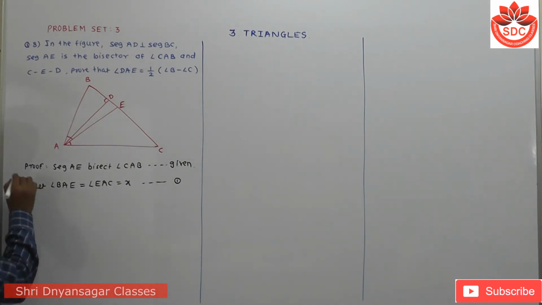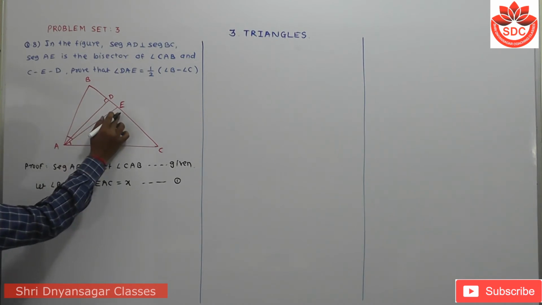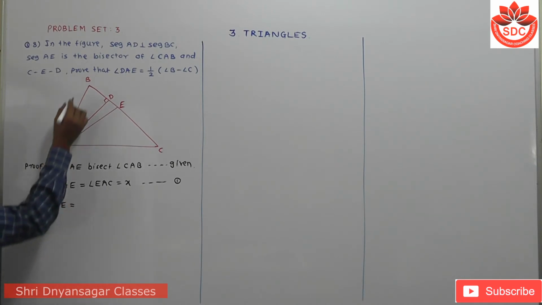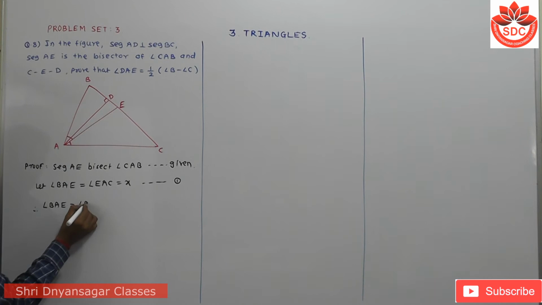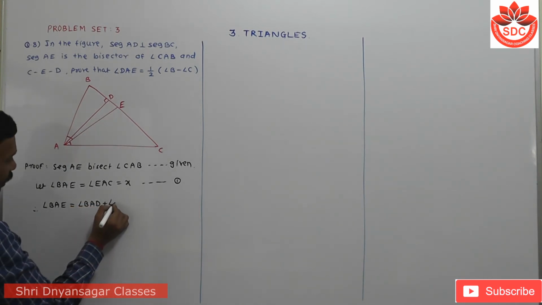Then student, this angle BAE is equal to BAD plus DAE. So I have to write here angle BAE is equal to angle BAD plus angle DAE.